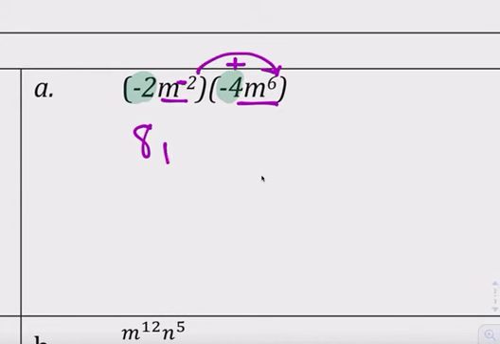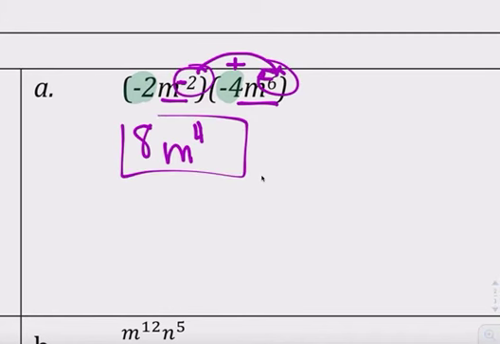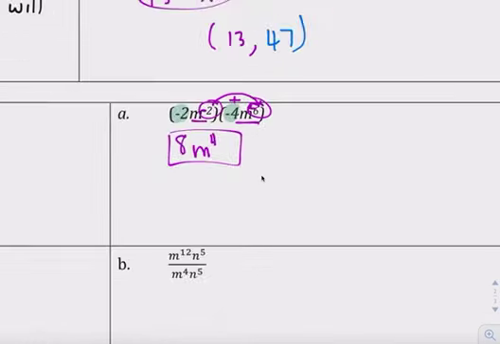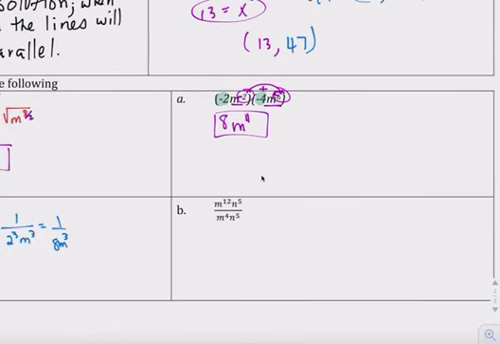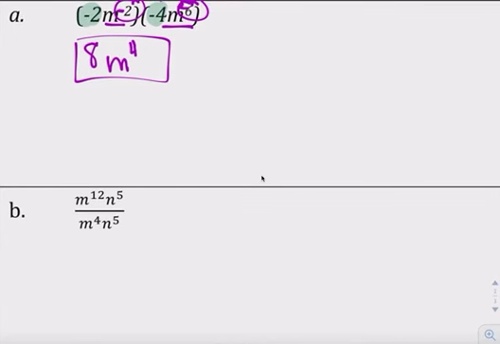So negative 2 plus the 6th, you get m to the positive 4th. And that's your answer. Product rule of exponents, product of powers, something like that.